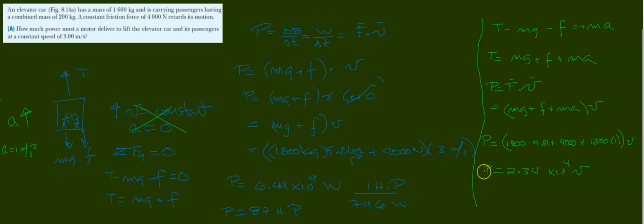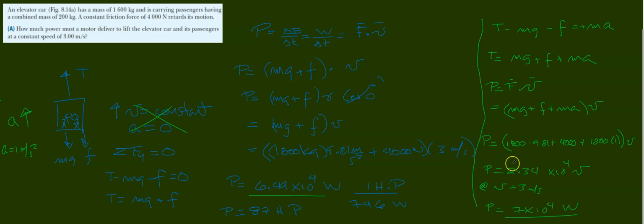So in this case, the power is a function of how fast you are going. At the moment when the velocity is 3, you start at 0, eventually it's going to be 3, then the power will be 7 times 10 to the 4 watts, which is larger than this.